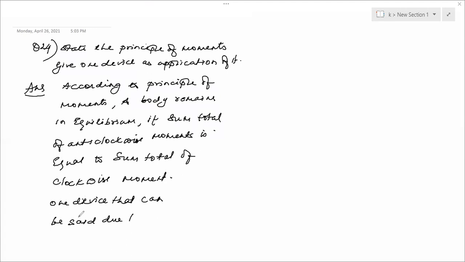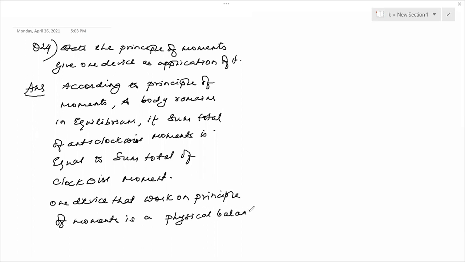One device that works on the principle of moments is a physical balance, used to measure weights. Okay, used to measure weights.